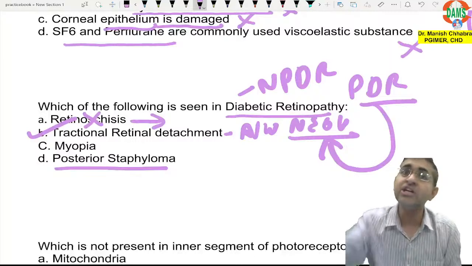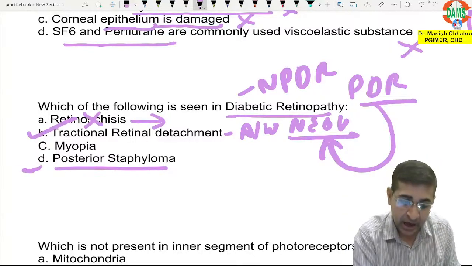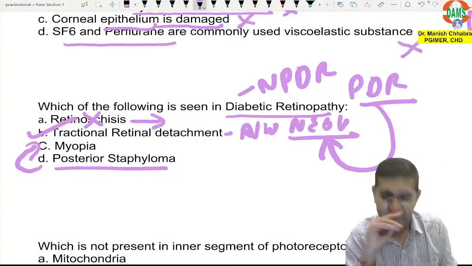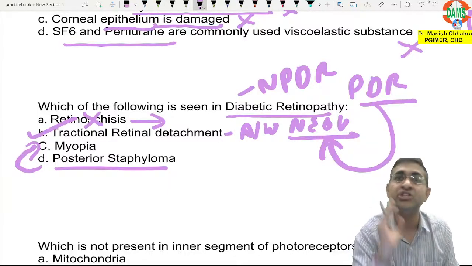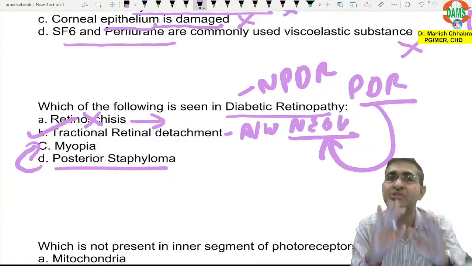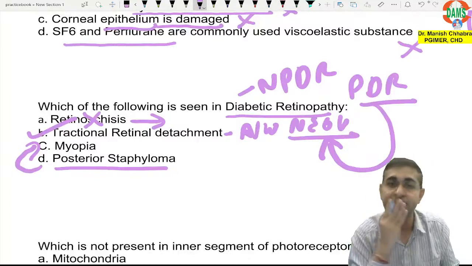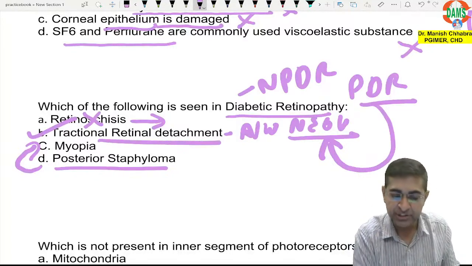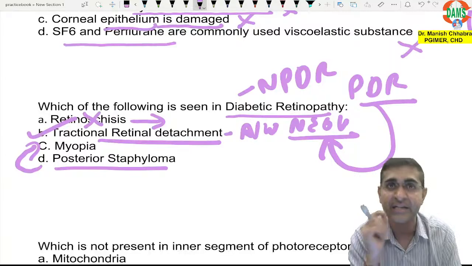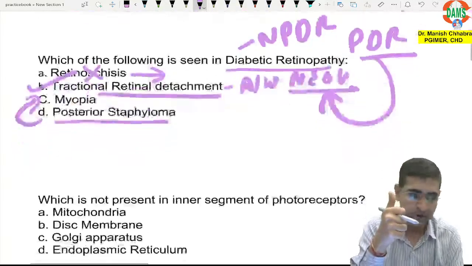Posterior staphyloma is commonly seen in high myopia. So myopia and posterior staphyloma have no association with diabetic retinopathy. Yes, so the answer is pretty straightforward. It is tractional retinal detachment. All right.